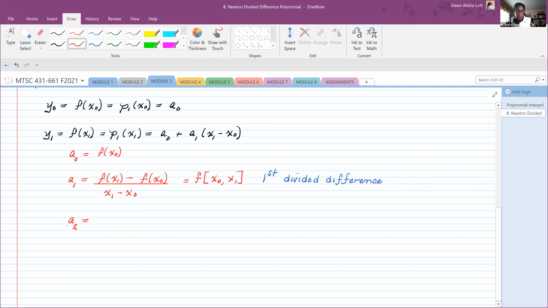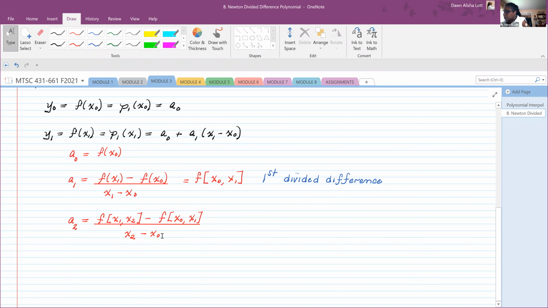A2 is going to be the Newton divided difference of X1 and X2, minus the Newton divided difference of X0 and X1. And then we're going to divide by the difference between the two of them, which is X2 minus X0. So let's just compute that for a moment.